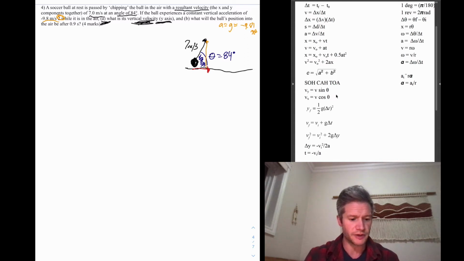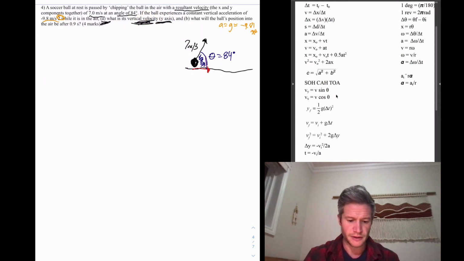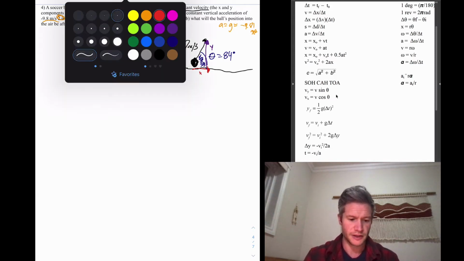I should have used a different color for that. Don't want to get it confused with gravity. Okay, so we have our vertical y and our x velocities. Here is what we're looking at.